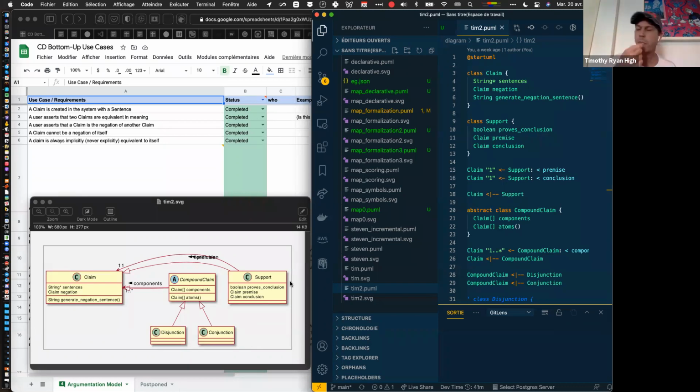So let's do Stephen and Donald Trump are members of the CDL, right? So you're going to support it with Stephen is a member of the CDL. Yeah. And I guess somebody opposes it with Donald Trump is not a member of the CDL. Yeah. Or somebody supports it with Donald Trump is a member of the CDL.